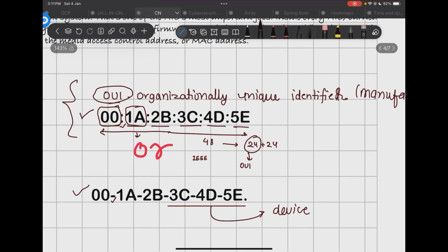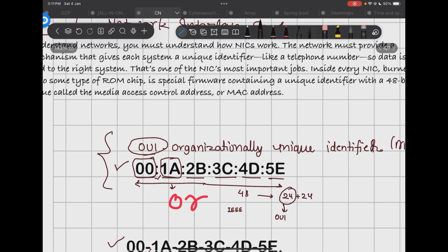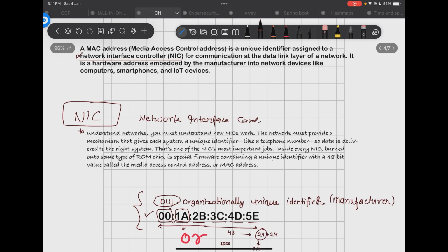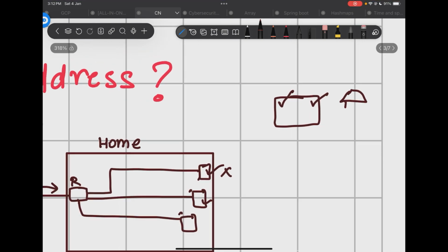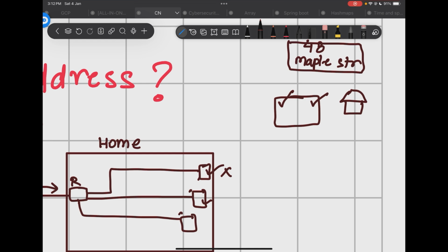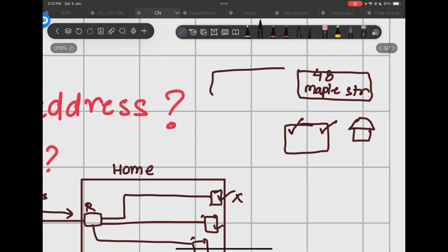The NIC means, oh yeah, I haven't explained what NICs are. NICs are called network interface cards. These are physical hardware that are built into your computer, and these contain the unique address. Again, imagine the analogy of the postal service, your house address is unique. If it's on Maple Street, house number 48, there can't be another house number 48 on the same street, can it?